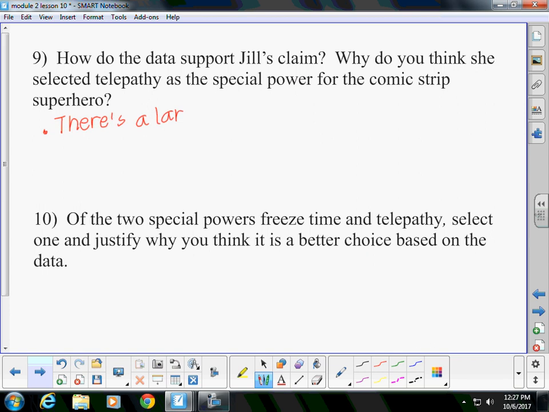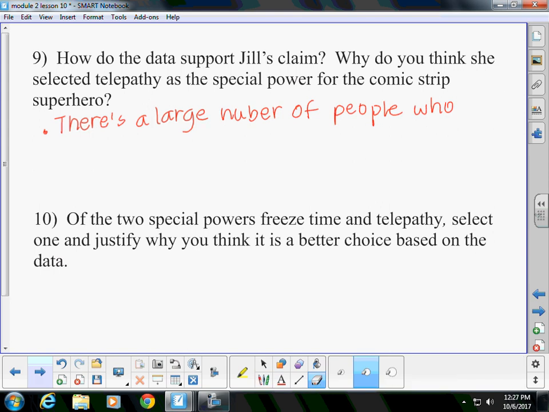So I'm just going to say the reason why she selected it is she saw there's a large number who selected telepathy. However, when you look at the breakdown, the reason why she chose it is because more of those people are females.